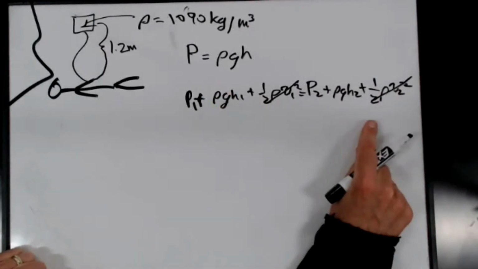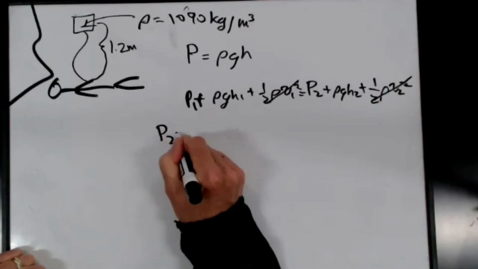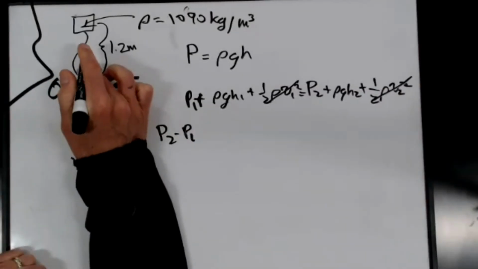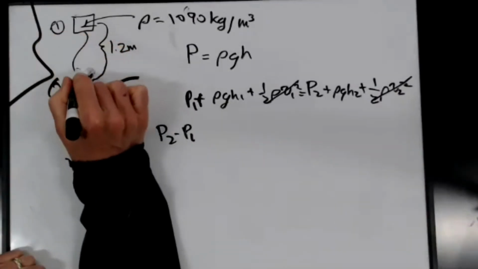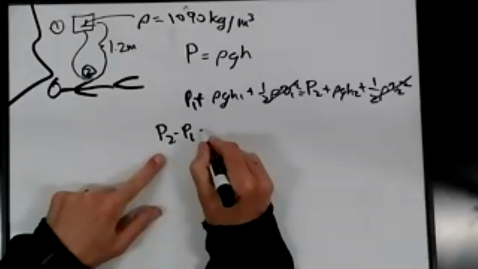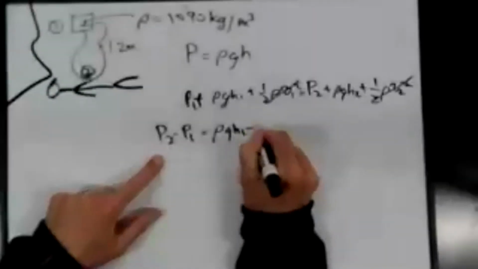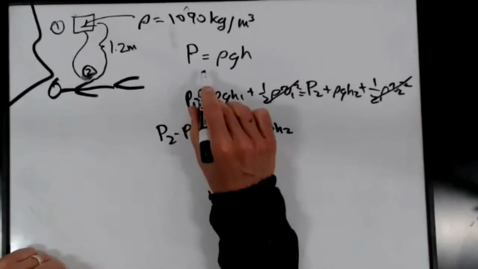And so those two guys cancel, and what you get is P2 minus P1. In other words, the top is position 1 and the bottom is position 2, right? And so the pressure at the bottom minus the pressure at the top is rho g h1 minus rho g h2, which is the same thing we're saying up here.